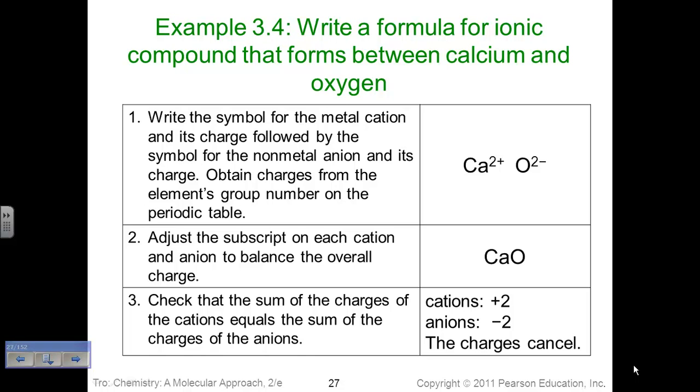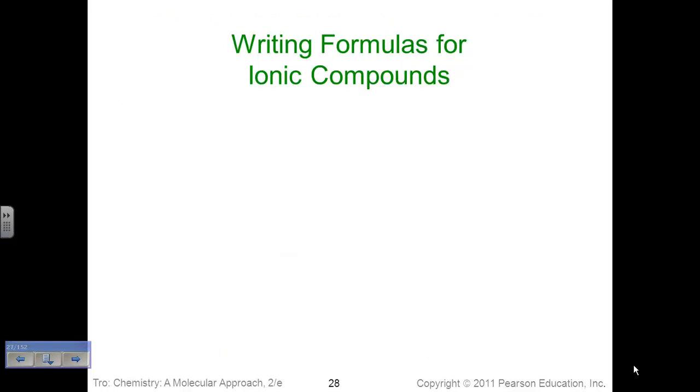The name? Calcium oxide. Step 3 is just a double check. Is the sum of the charges equal to 0? The cation charge of a positive 2 and the anion charge of a minus 2 do indeed cancel to give a net charge of 0. We formed a compound called calcium oxide, CaO.